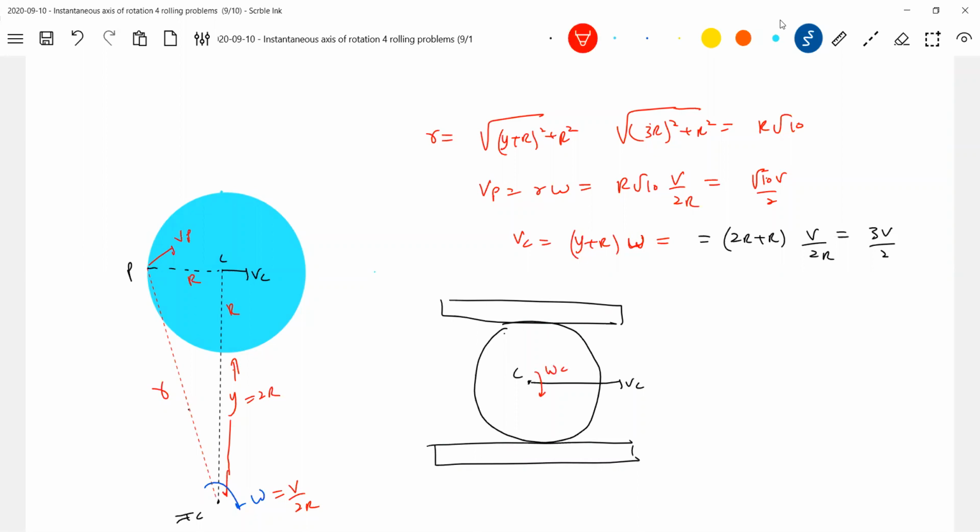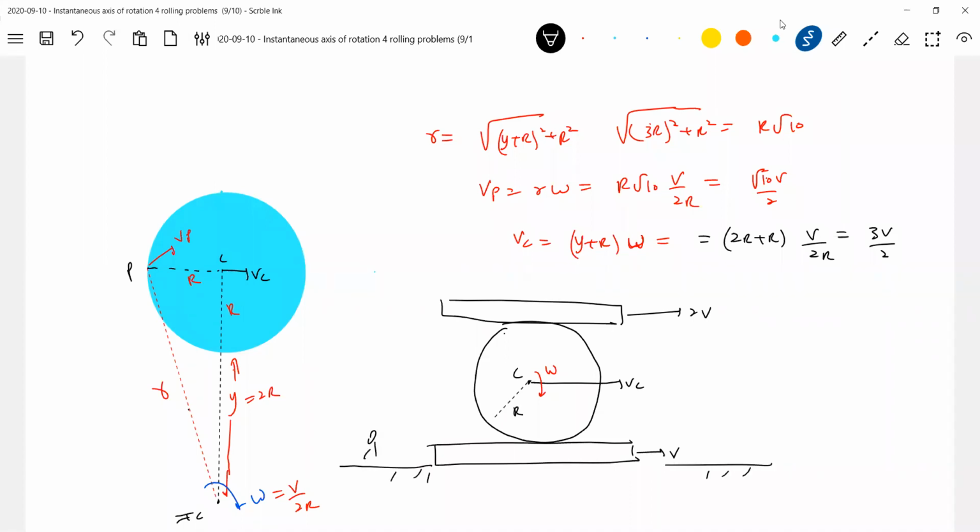You should question, sir, what is this? In one diagram you are showing omega there, in another diagram you are showing omega somewhere else, and you are saying don't ask questions, just listen and understand. Is your teacher right or is your teacher mad? Sometimes showing omega here, sometimes there. Yes, both are correct.